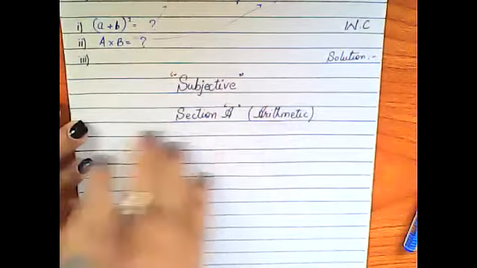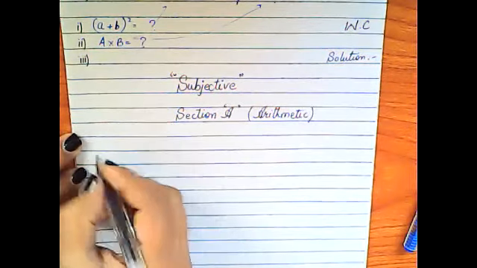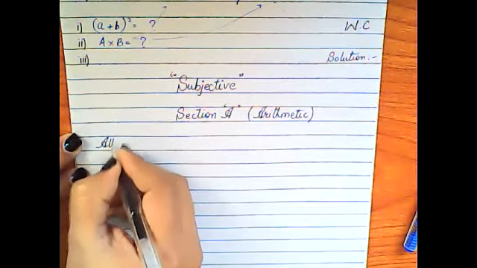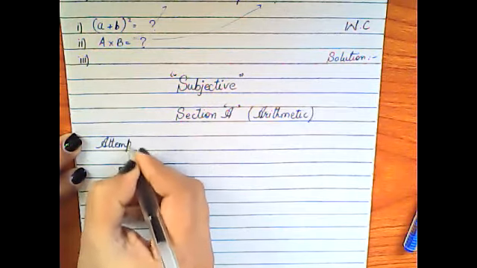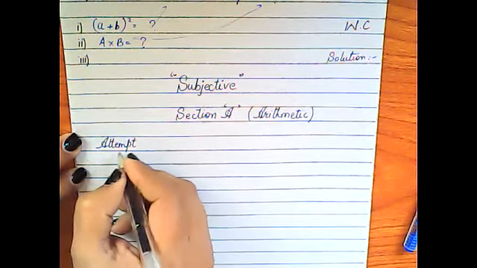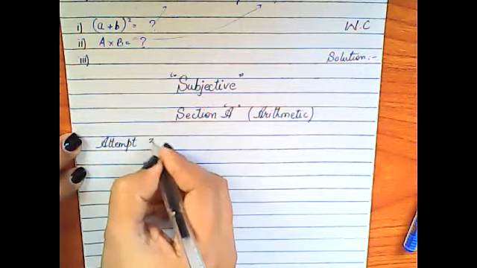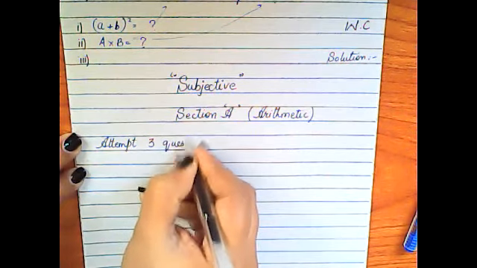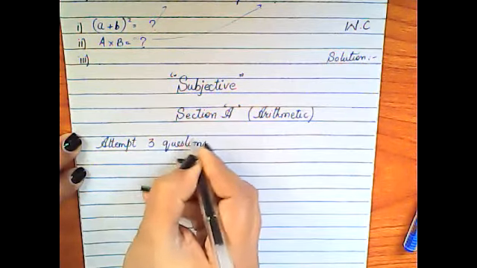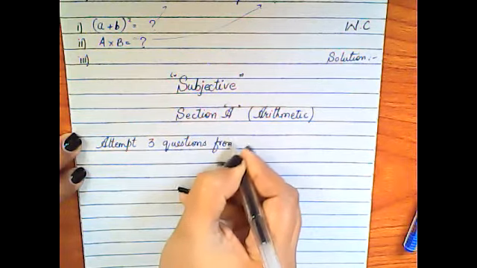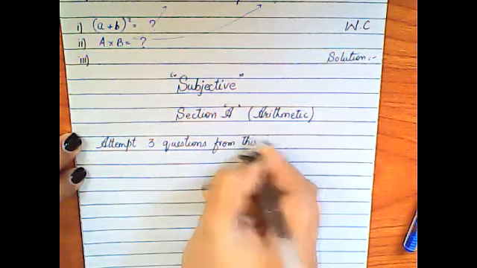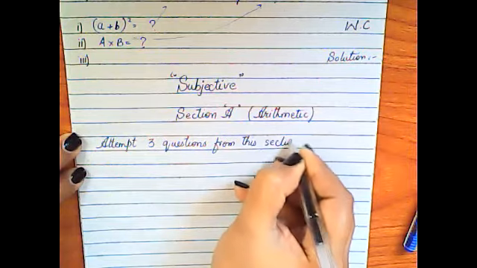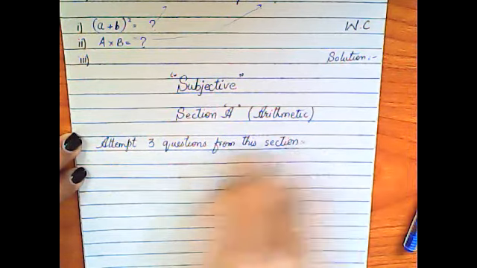After that, when you look into your paper, you have a note: attempt three questions from this section. Now this is just an example.